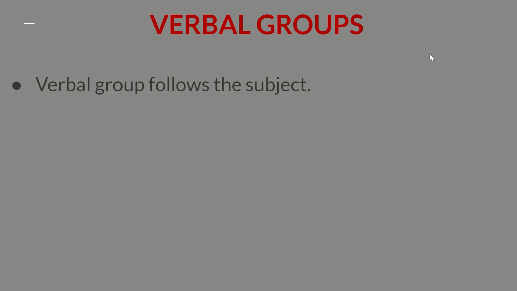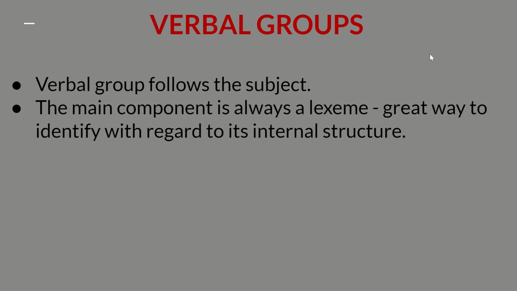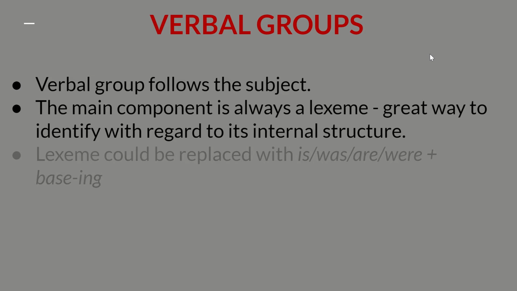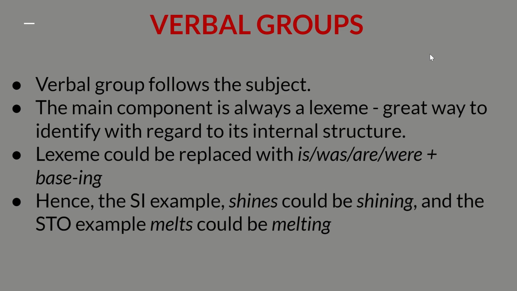Verbal groups usually follow the subject. The main component is always a lexeme, which is a great way to identify a verbal group. The lexeme could be replaced with is, was, are, were plus base in the ing form. Hence, the SI example shines could be shining and the STO example melts could be melting.